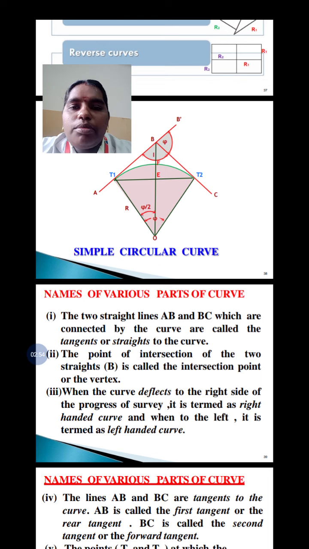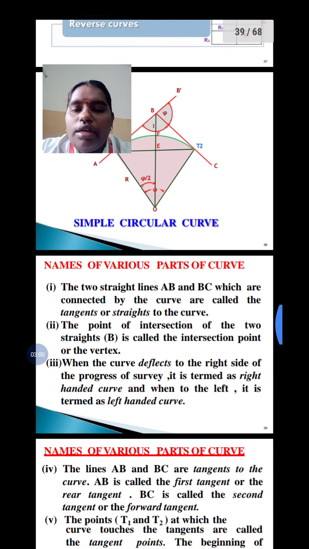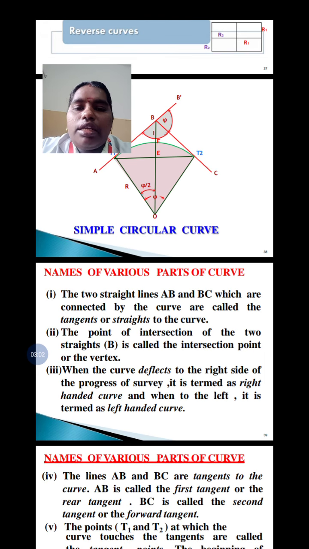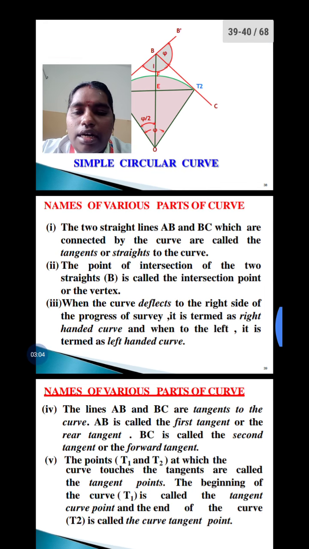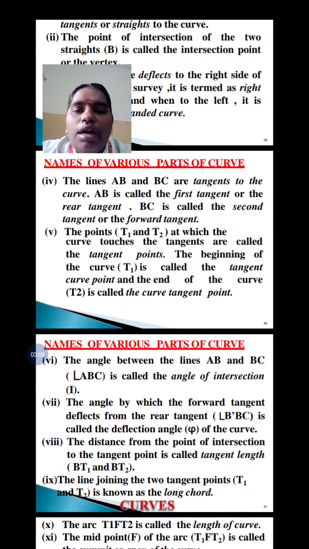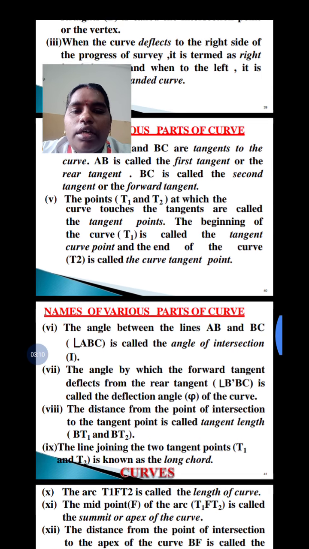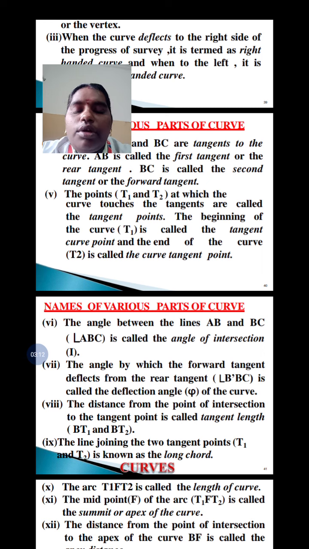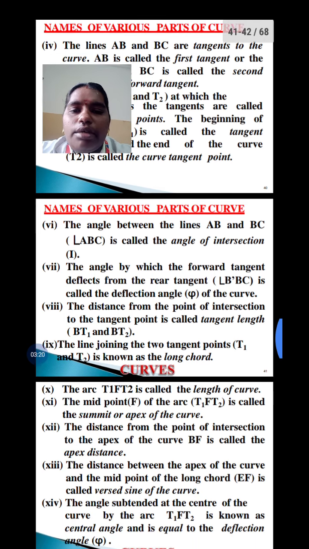In this picture, the left portion of OB is called a left-handed curve, and the right side is called a right-handed curve. The points T1, T2 are called tangent points. T1 means the beginning of the curve or tangent curve point. T2 means the end of the curve tangent point.